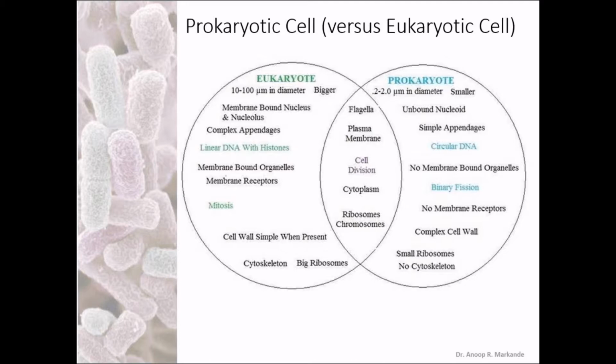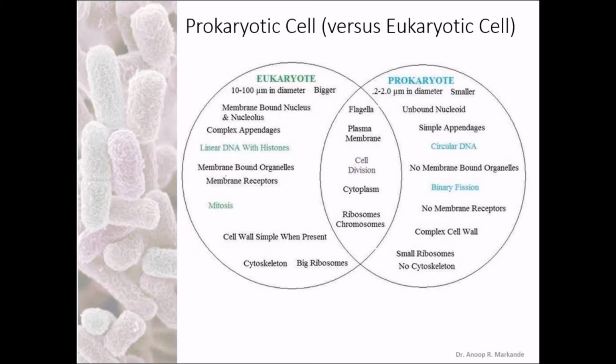A membrane-bound nucleus and nucleolus is present, while an unbound nucleoid is present in prokaryotes. Complex appendages are present in eukaryotes, while simple appendages can be seen in prokaryotes. Linear DNA with histones in eukaryotes, while circular DNA in prokaryotes.